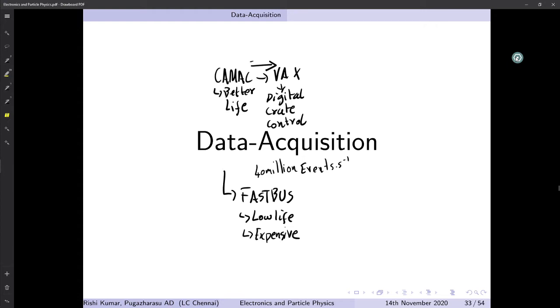So the distinction between the CAMAC and the fastbus is not the number of bits it's transferring, but the fastbus has better crates or crate control, as they say. They both had the same number of bits being transferred per microsecond, 24 bits.